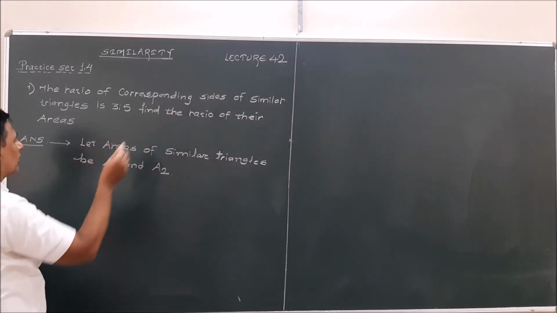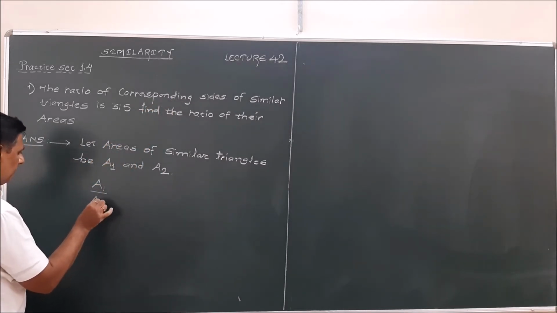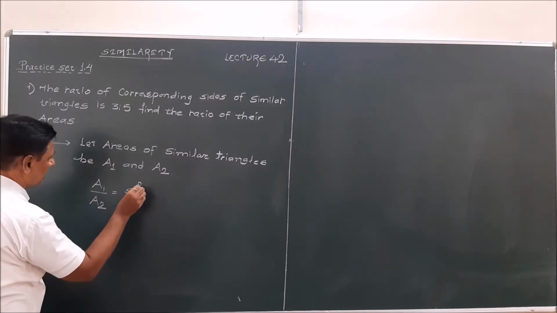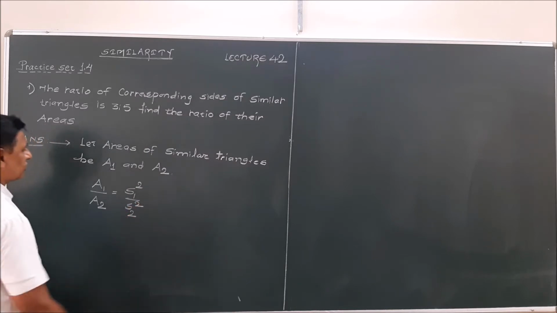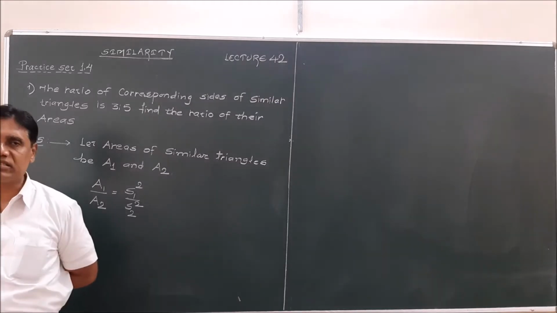So A1 upon A2 is equal to S1 square upon S2 square. Triangles are similar, so their areas A1 and A2 are directly proportional to the square of their corresponding sides.